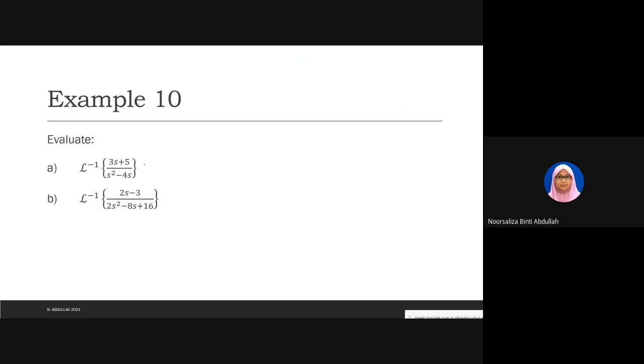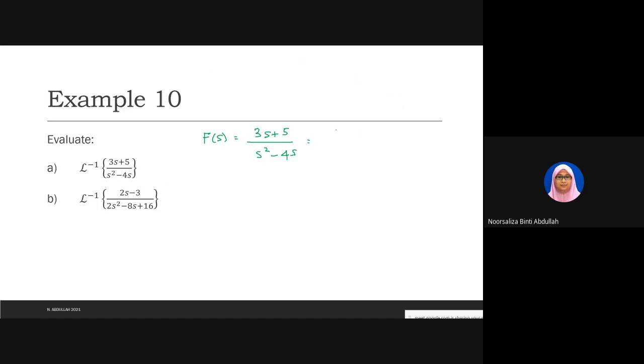For this one, we have Fs, which is actually (3S plus 5) over (S squared minus 4S). We can separate this using linear first.